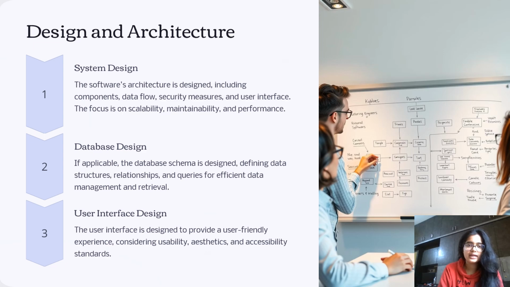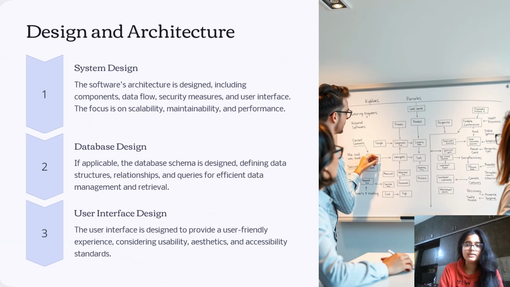Coming to design and architecture. First is system design. A software's architecture is designed including components, data flow, security measures, and user interface. The focus is on scalability, maintainability, and performance. Second is database design.